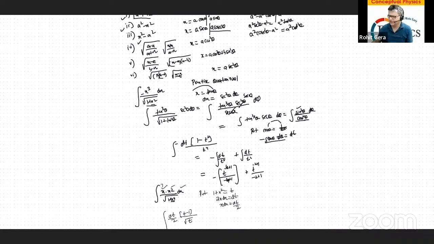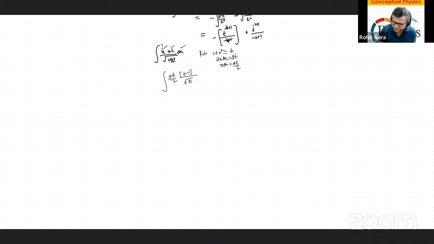Okay, let's see. You have to integrate dx divided by under root of a square minus x square.